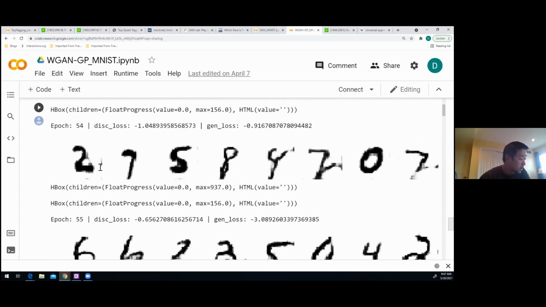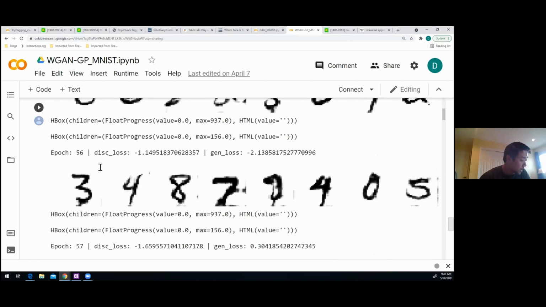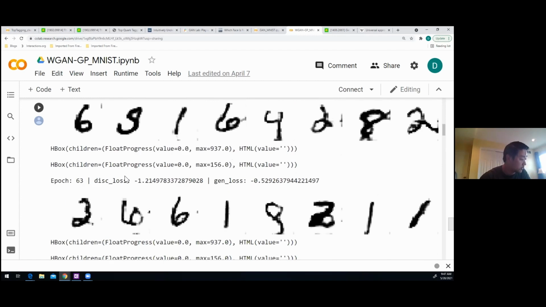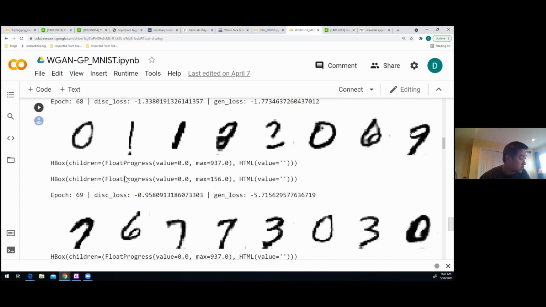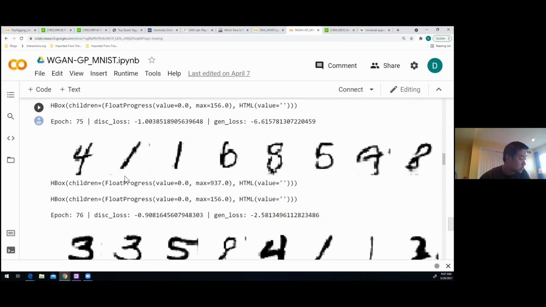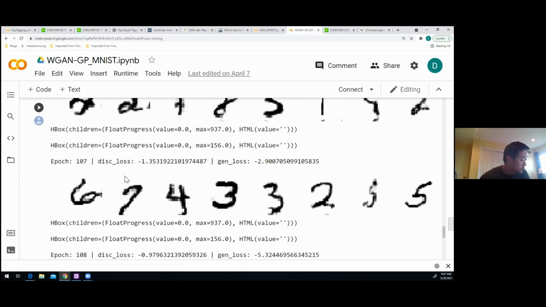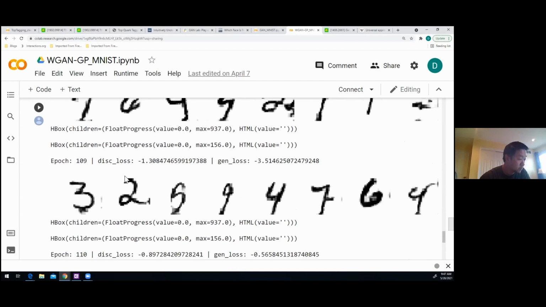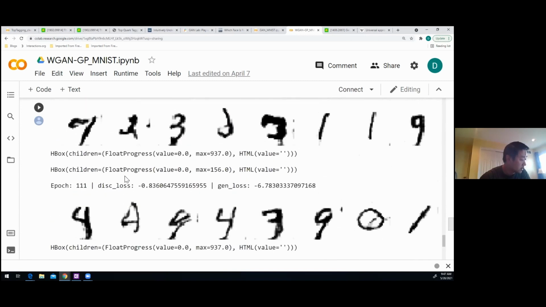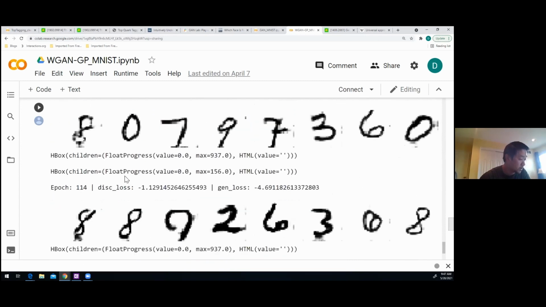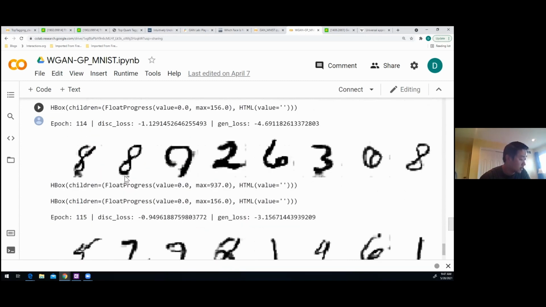Again, there's the question of which epoch to pick. It's not obvious. It might not be one of the later epochs. It might be one of the earlier ones. But let's scroll to the end. I'd say all these are roughly equivalent. Still not a 100% success rate, but much better than before.